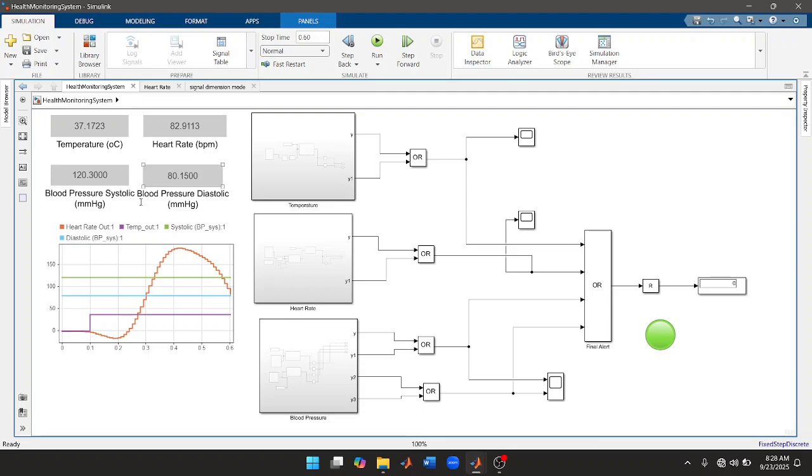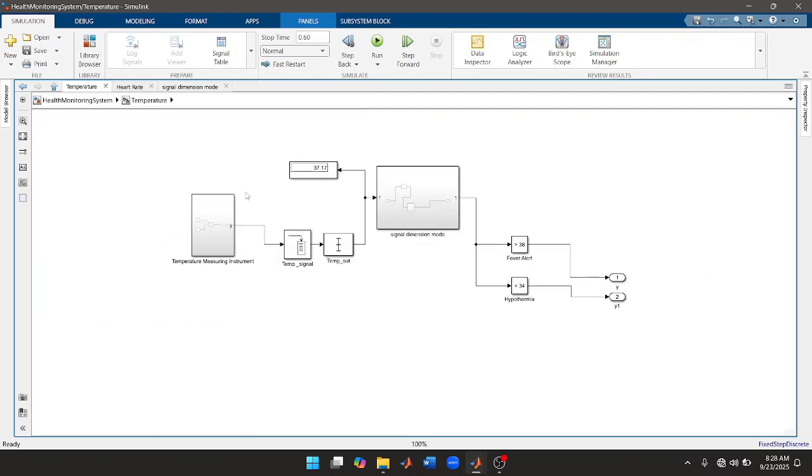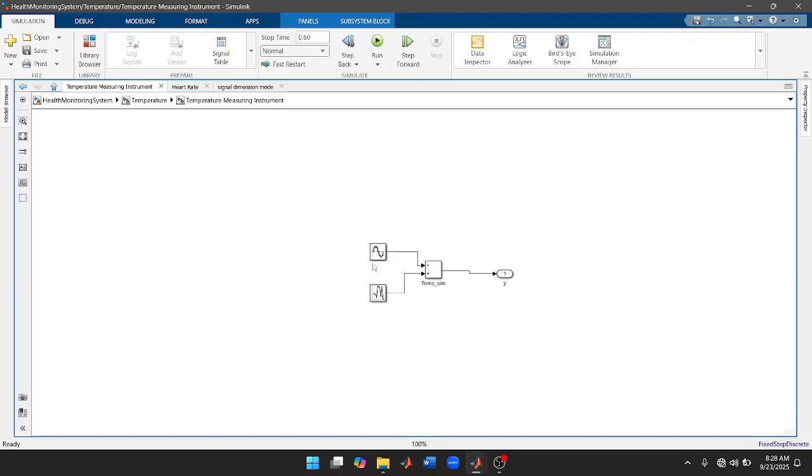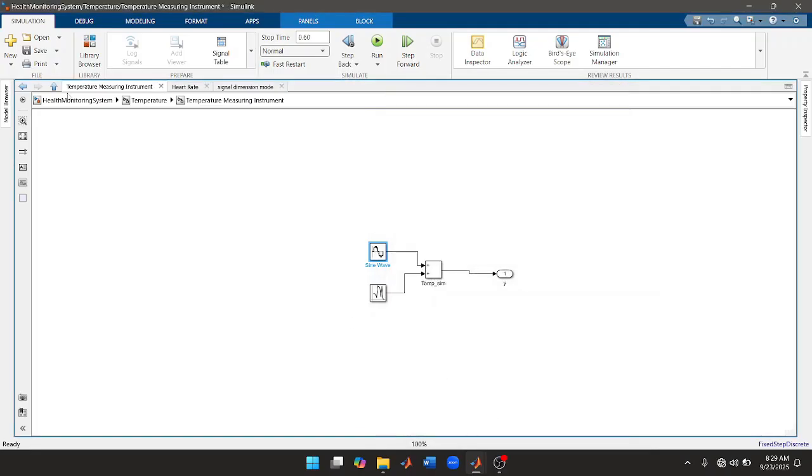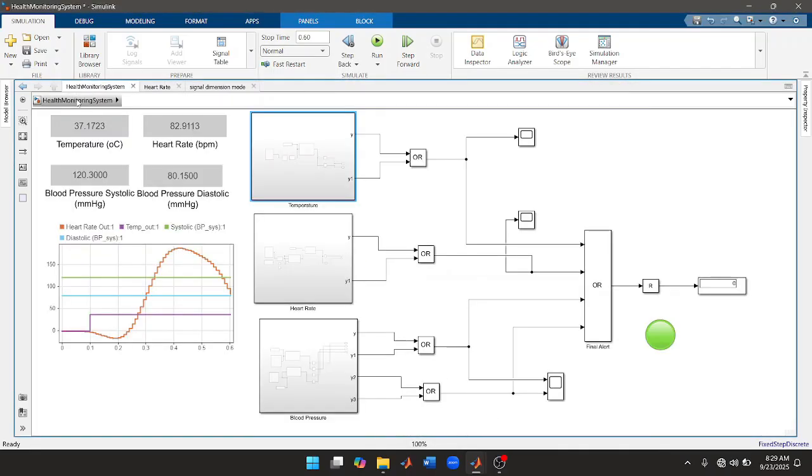Now, if we increase this temperature signal, let's increase it to 39. That means the equipment is now measuring 39 degrees Celsius.